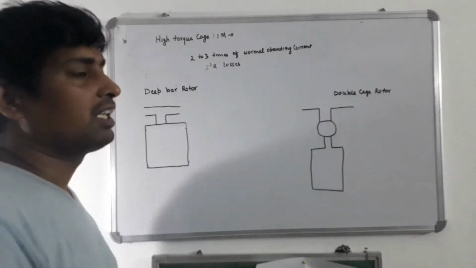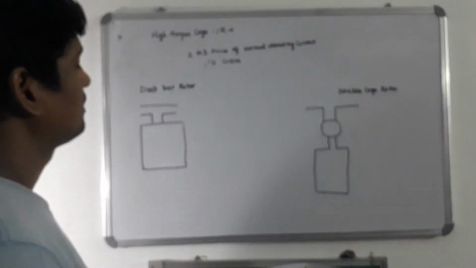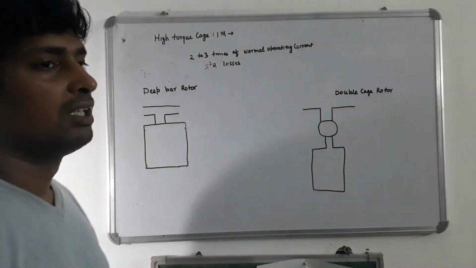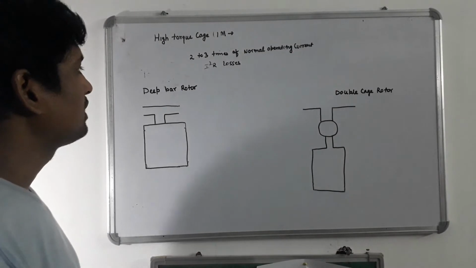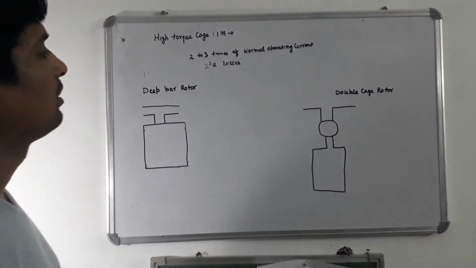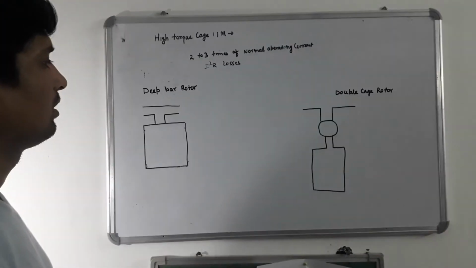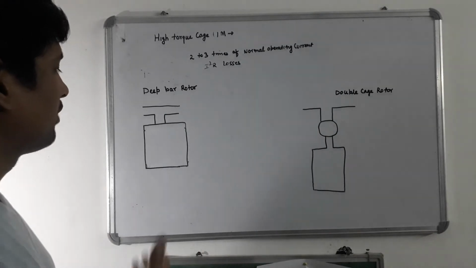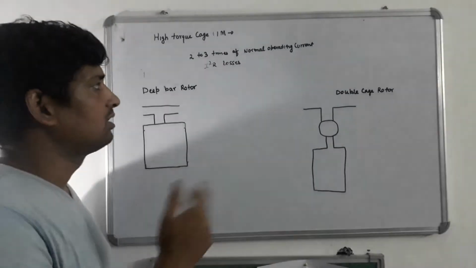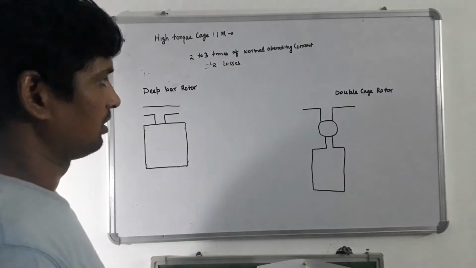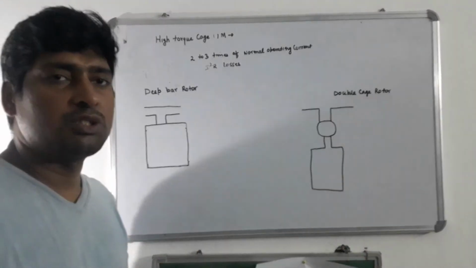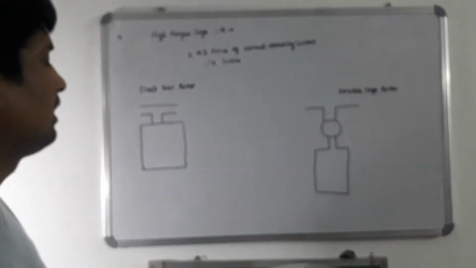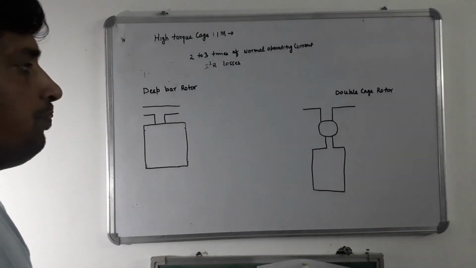Also, the starting torque will be very low. To solve this problem, we use two constructions: first the deep bar, and second the double cage rotor. The objective of the deep bar and double cage rotor is to reduce starting current and increase starting torque.